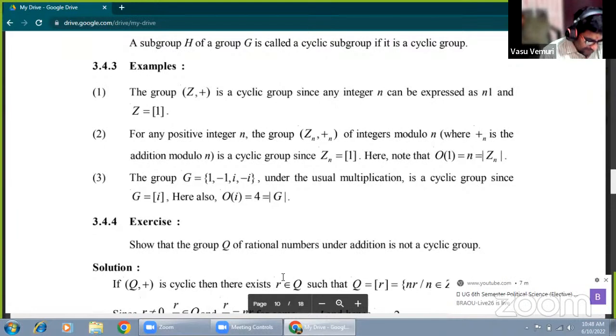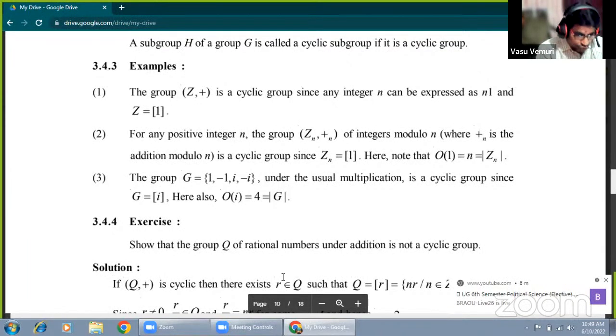So omega power 4 equals omega. Omega square whole cube means omega power 6, that is omega cube into omega cube. Omega cube is 1, and 1 into 1 equals 1. So omega power 6 is also 1.